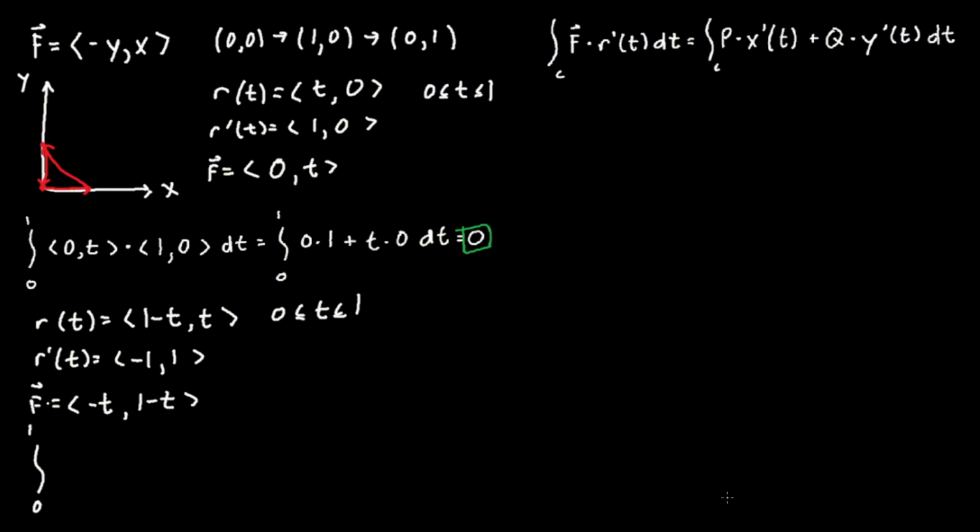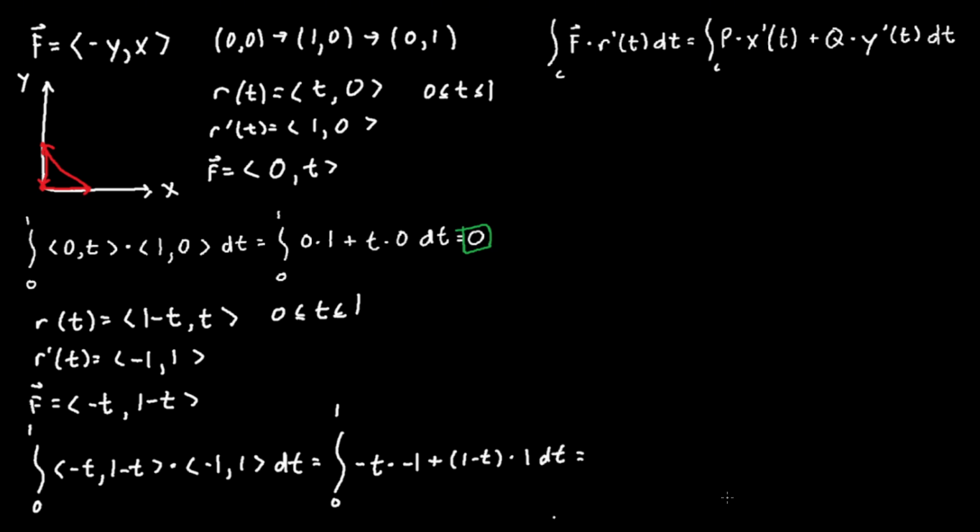We're just dot producting our vector field with the derivative of the parameterization, which is negative 1, 1, dt. If you expand this dot product, you get negative t times negative 1, plus, in parentheses, 1 minus t times 1, dt. If you solve for this integral, you just get 1.